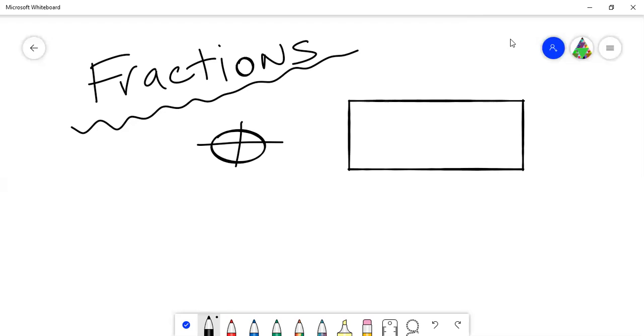In this case, I have a rectangle that maybe represents a value. So let's call this value 1. Here's my 1 rectangle. Now, what we can do from there is start to cut that into pieces. And that's where we really start to think about what builds a fraction.